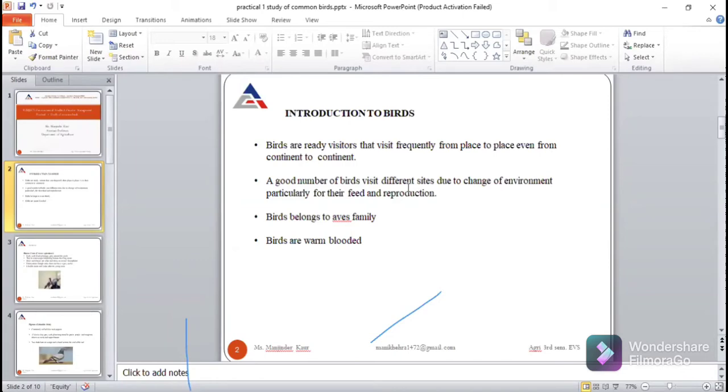So birds are warm-blooded, whereas reptiles are cold-blooded. Clear?